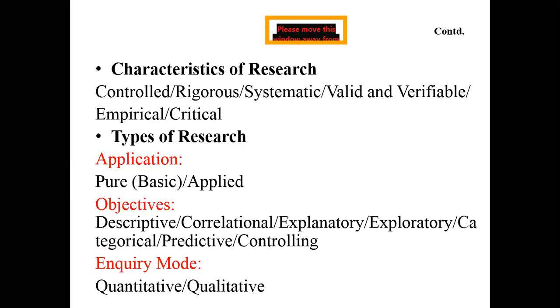And then there is explanatory research. Explanatory, as it shows, is the explanation of a phenomenon. For example, we say COVID-19 is affecting the quality of life. So how is COVID-19 affecting quality of life? Why is COVID-19 affecting the quality of life? So this would be explanatory.